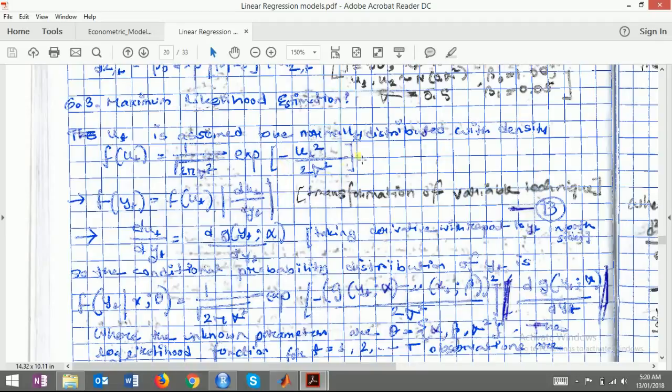See, with the transformation technique, the minus vanishes.